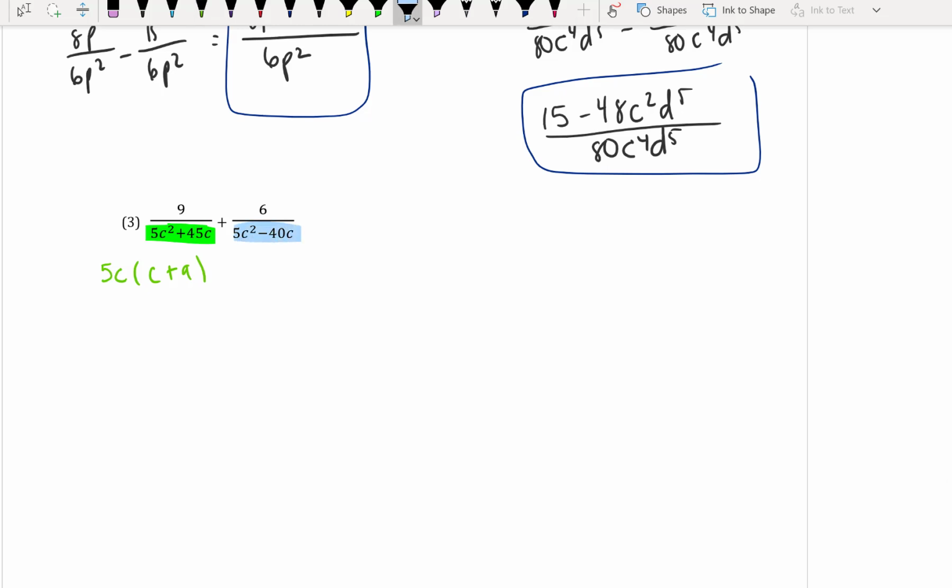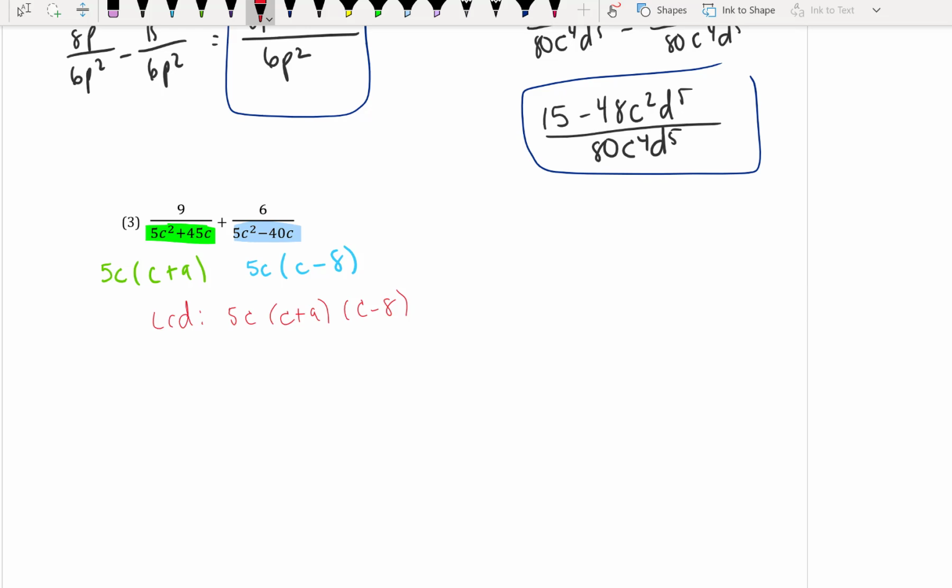Now I'm going to look at that second fraction. I have a 5c as my GCF. So I'm left with a c minus, and 40 divided by 5 is going to give me an 8.